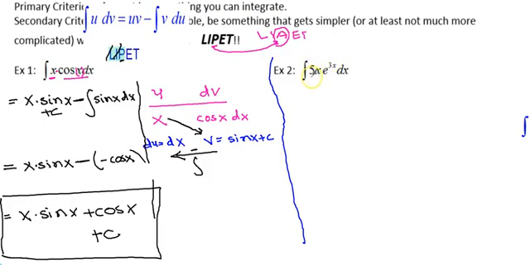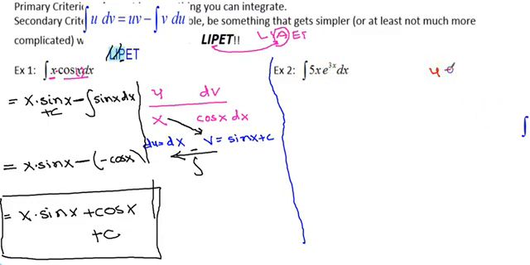Okay, so we have 5x and e to the 3x. Remember, I explained that e is not a choice of exponential, and trig are least likely to be chosen for u. They are always going to be dv.